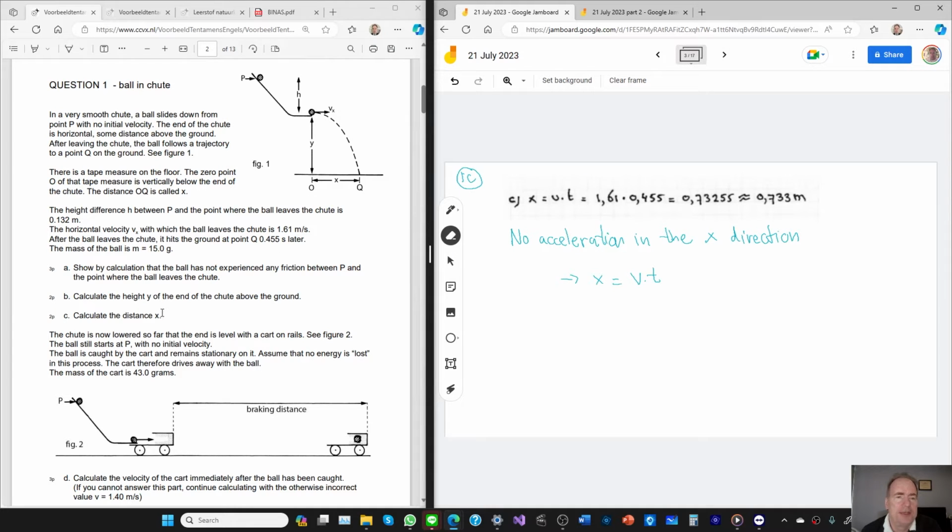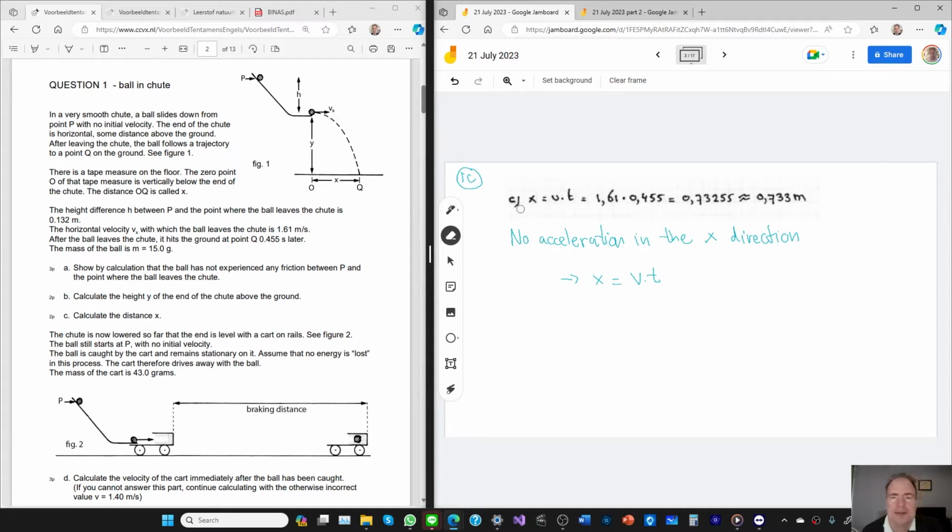So question C, calculate the distance x. With this kind of projectile motion, you decompose it in y and x. The y calculation was already done. And in the x direction, because there is no air resistance, the speed is constant.